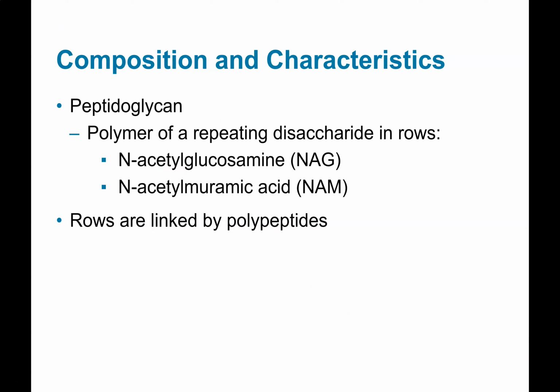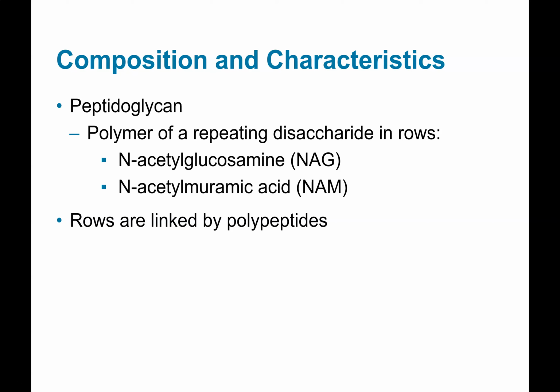So what is peptidoglycan? It is a polysaccharide, or I should say, I guess, a disaccharide. It's a polymer of a disaccharide. A polymer means a chain, and disaccharide is two sugars. So it's a repeating chain of these two sugars, N-acetylglucosamine, or NAG, and N-acetylmuramic acid, or NAM.